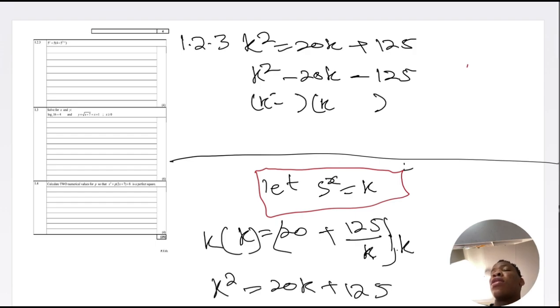The bigger factor takes the first sign, so we'll have k minus 25 and k plus 5. So k is equal to 25, or k is equal to negative 5.